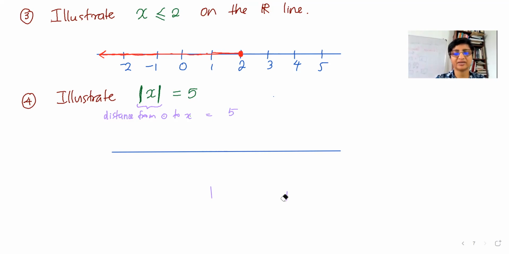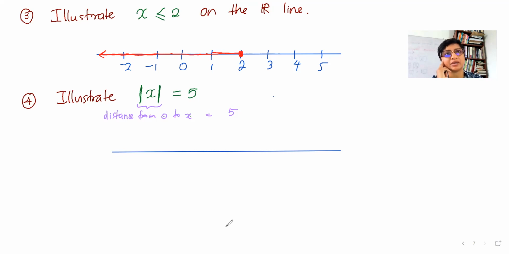What number satisfies that condition? That's correct. So what are the numbers? 0 to 5. The distance between 0 and 5 must equal 5.